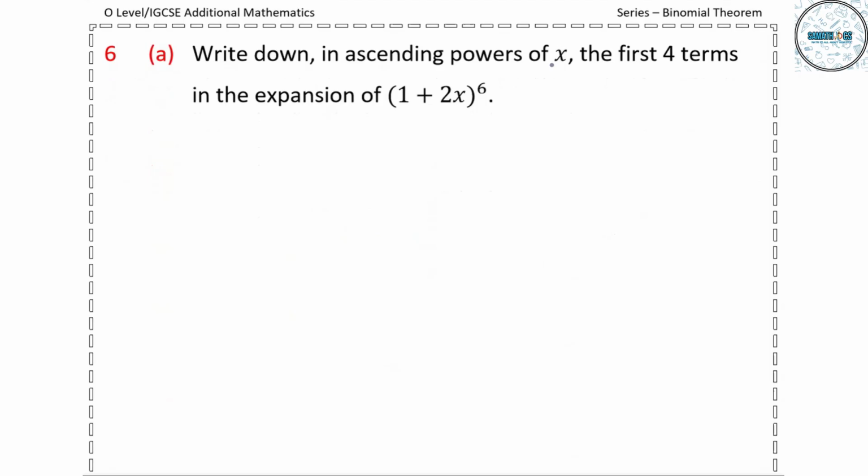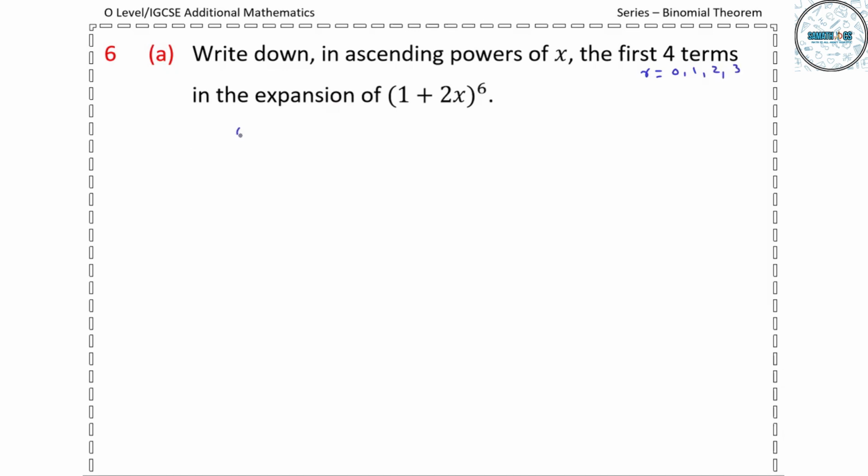Write down in ascending powers of x the first 4 terms in the expansion of 1 plus 2x with power 6. We just have to find the first 4 terms. It means that we have to take the value of r as 0, 1, 2, and 3.